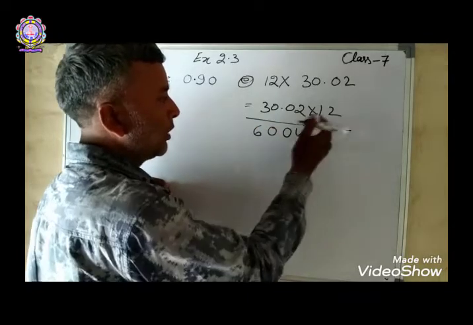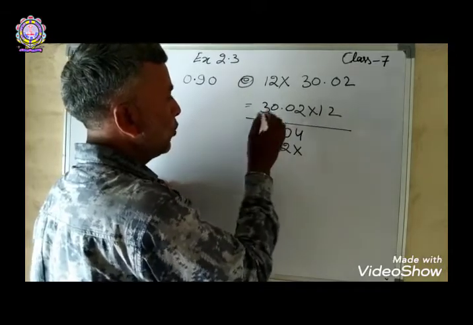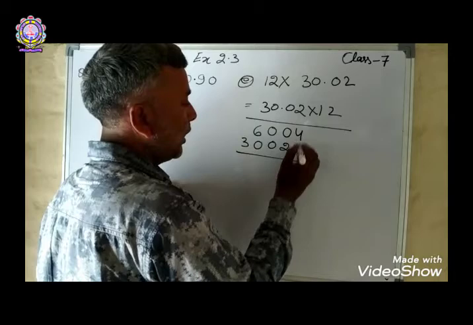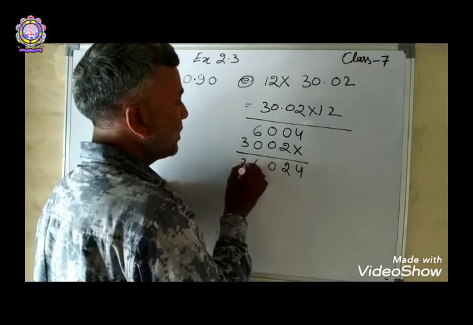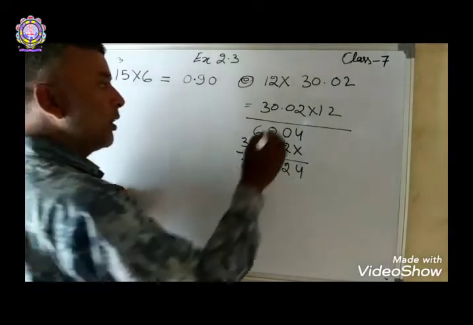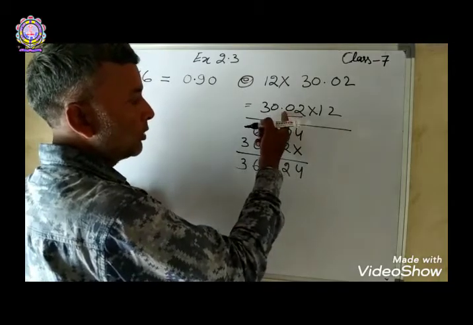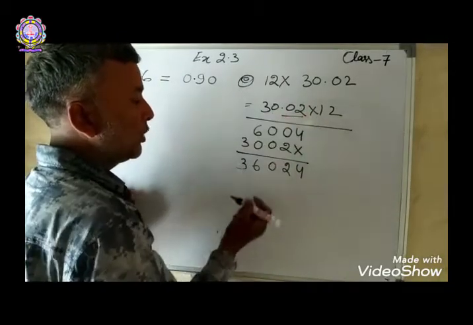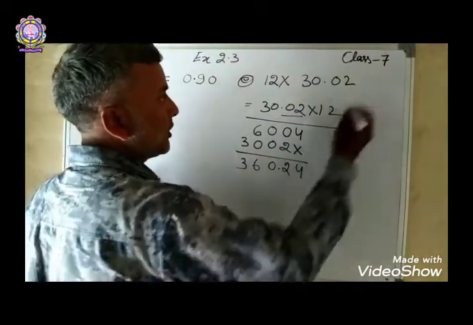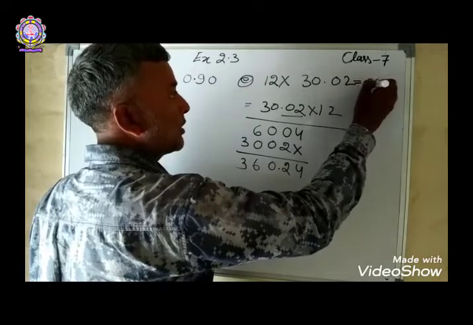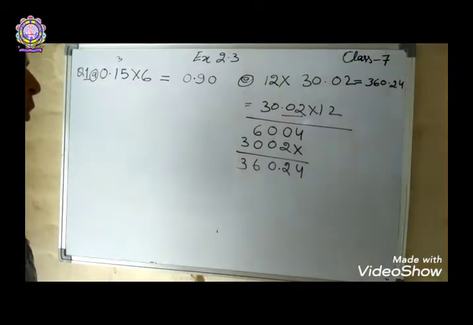We use the cross here. 1 2s are 2, and 1 0 is 0, 1 3s are 3, and 4 2 0 6 and 3. And how many digits are there after the decimal? 2 digits. So we put the decimal before 2 digits here. So this is the answer: 360.24.